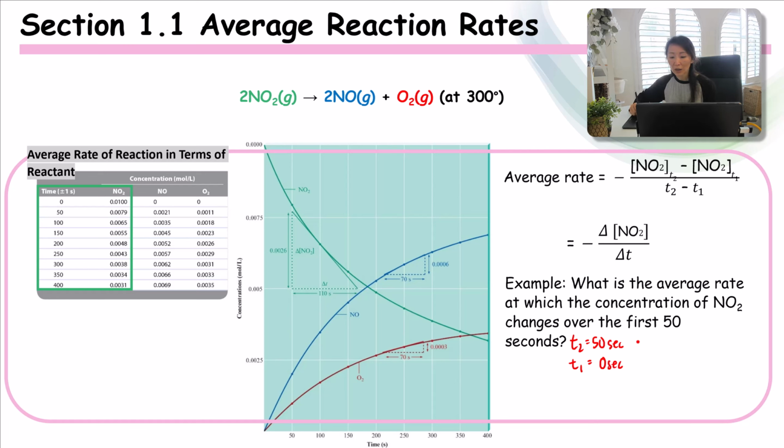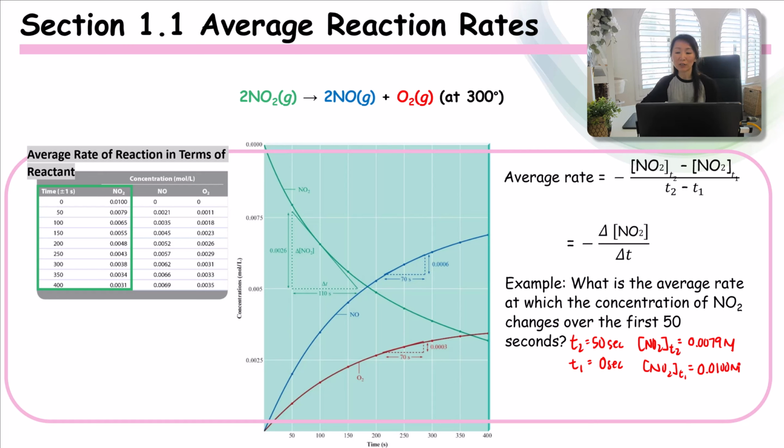My concentration of NO2 at T2, or where it ended, as shown here at 50 seconds, is 0.0079 molarity, whereas initially it was 0.0100 molarity.